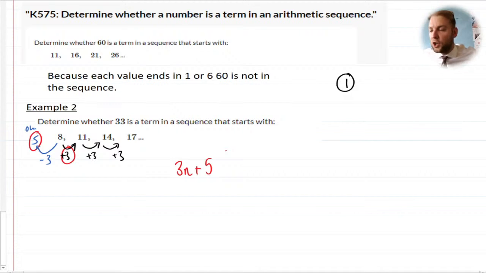Now, if this term is in the sequence, then we should be able to make this equal to this, because we're saying that it's equal, to find out what the value of n is. So if I make this equal to 33, which is the one I want to check, then we'll see if it is in here. What I'm going to do now is solve this: minus 5, minus 5.